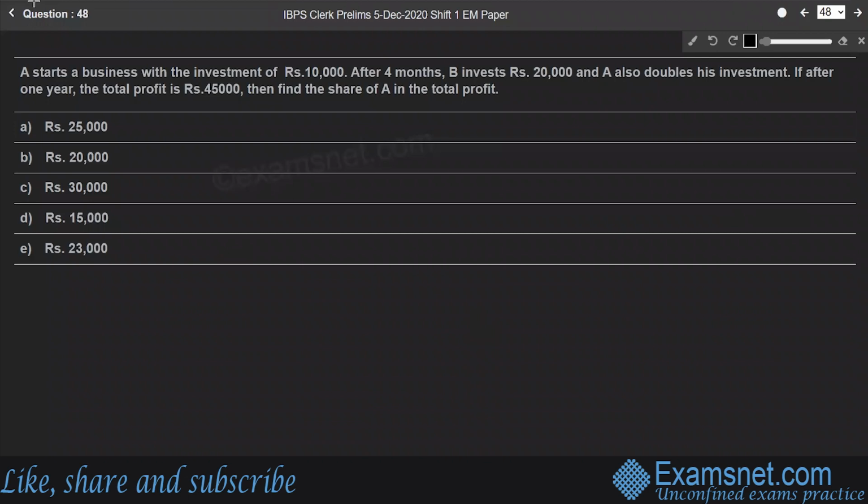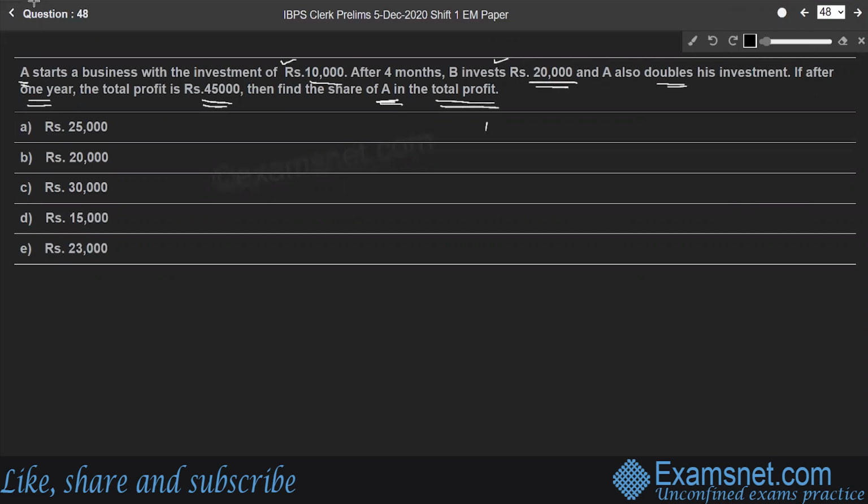Question 48. A starts a business with the investment of 10,000 rupees. After 4 months, B invests 20,000 rupees and A also doubles his investment. If after 1 year, the total profit is 45,000, then find the share of A in the total profit. Right? Here, we are finding share of A. For that, we need the ratio of share of A to share of B. Right?